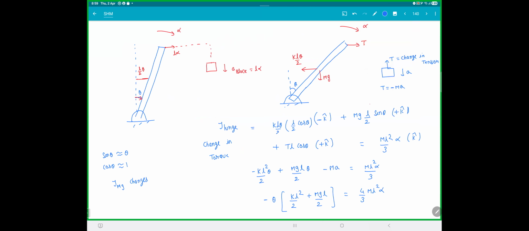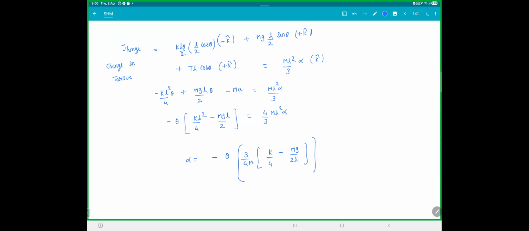Now it looks better. That's your omega square. So we get time period is equal to 2 pi, you can substitute that: root of 4m by 3 times k by 4 minus mg by 2l.